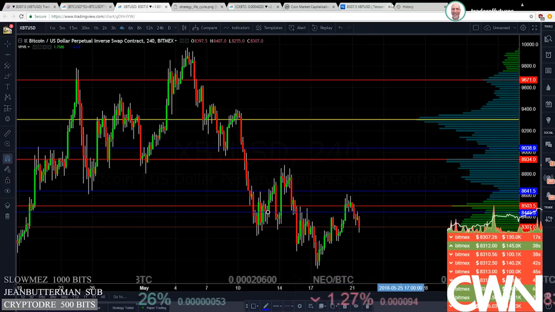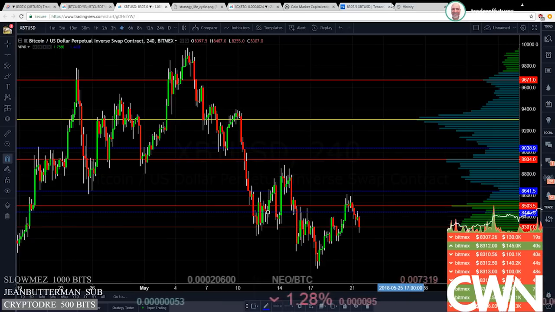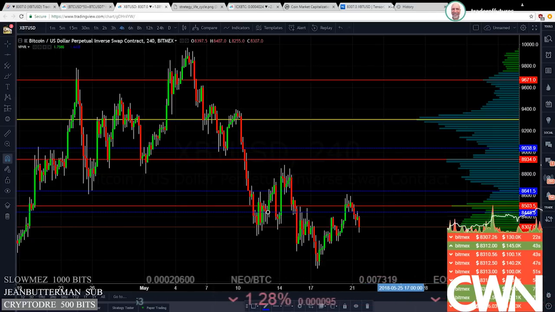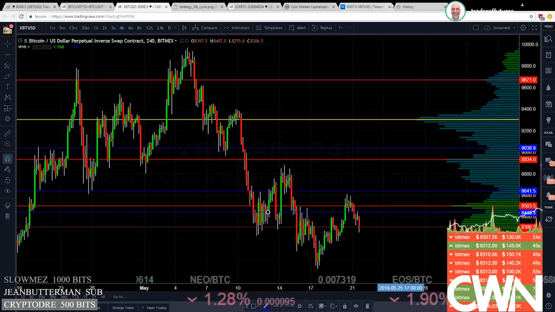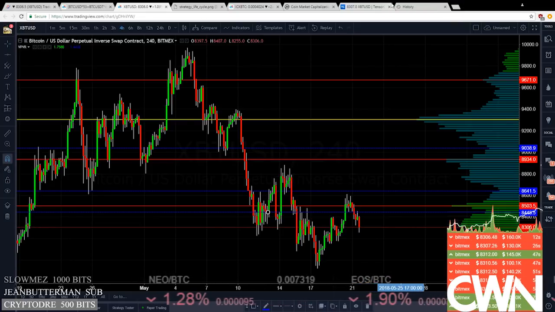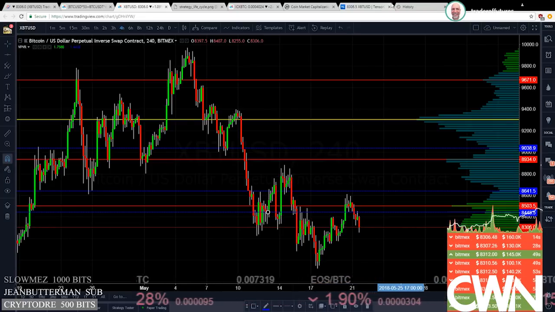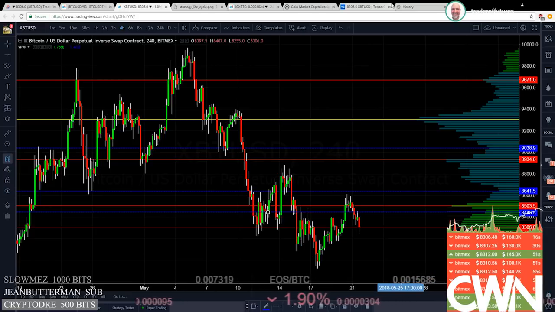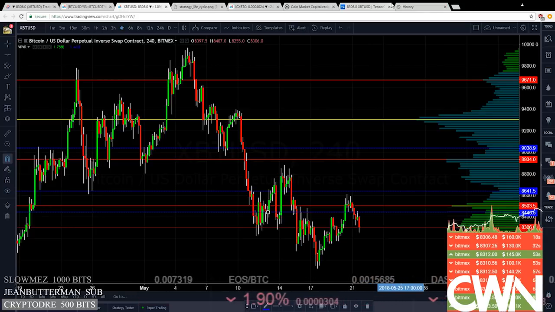So that's why the profiles are so important, because they really do dictate to a large extent. I would say about 70% of the movement that price is making is being influenced by this profile.